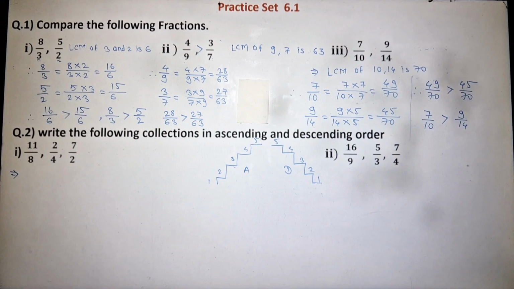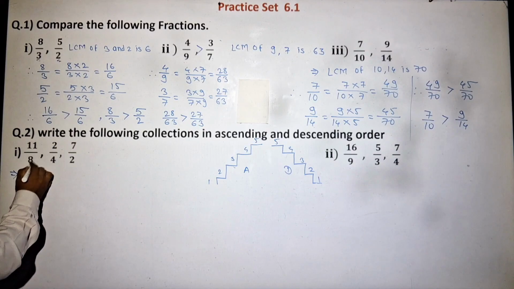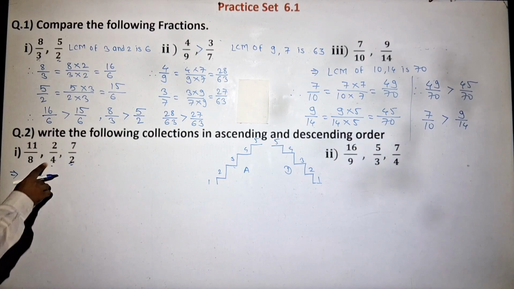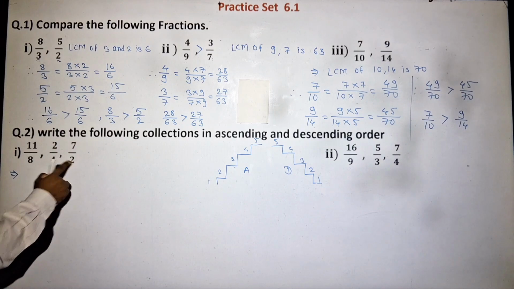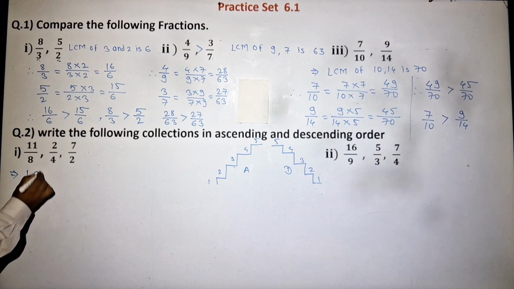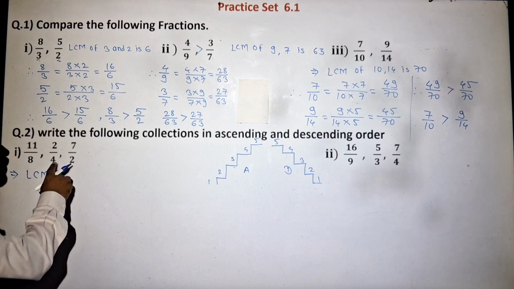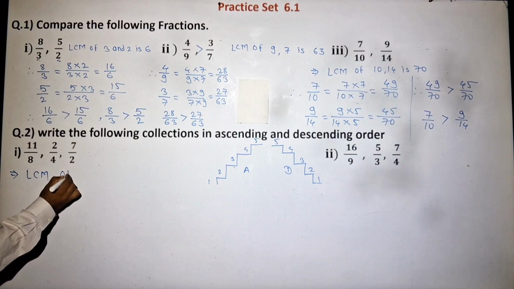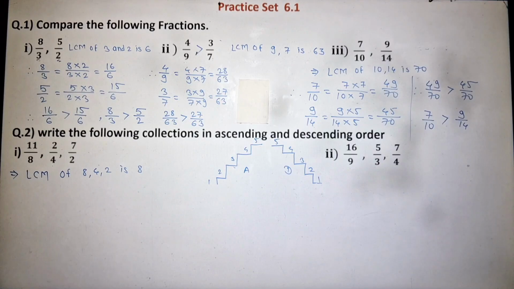Here the fractions are 11 by 8, 2 by 4, 7 by 2. The denominators of the three fractions are not the same, therefore first we make the denominators the same. We know that the LCM of 8, 4 and 2 is 8, because 2 fours are 8, 4 twos are 8 and 8 ones are 8.